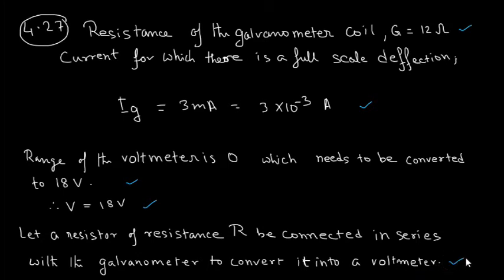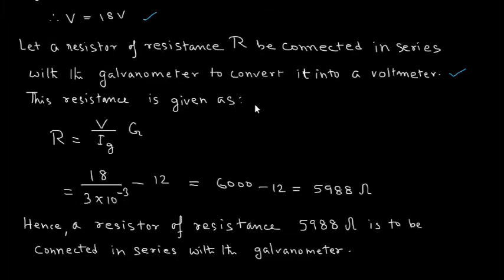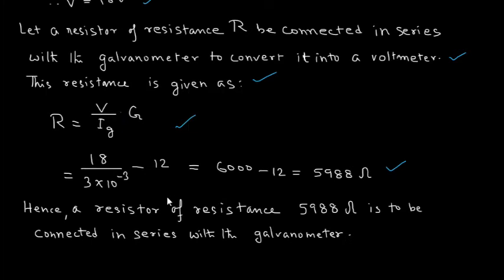So this resistance is given as R is equal to V upon Ig minus G. Putting the value of V, Ig and G, we get R is equal to 18 upon 3 multiplied by 10 to the power minus 3, minus 12.